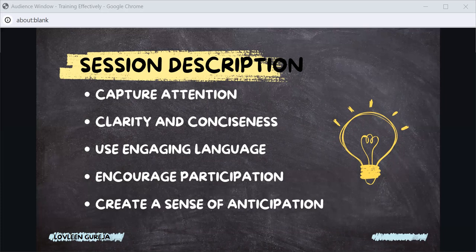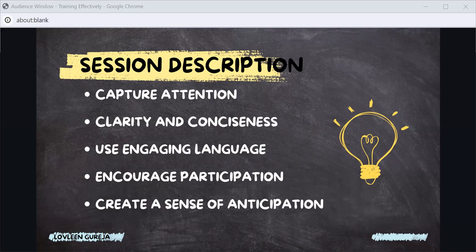Let participants know that when they engage, ask questions, and contribute, it will not only welcome them to the essential learning, but also enrich their learning experience. Build anticipation for the session by hinting at any exciting event or exciting content, anything which they have to stick around for till the end.